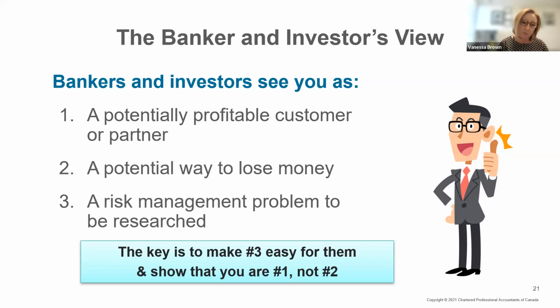They will also see you as a potential way to lose the capital that they've given you. So if they've given you $25,000, they may be looking at you and saying, we might lose that $25,000. And they will do some research on you, particularly on the larger loans, so that they can manage their risk on advancing that money to you.